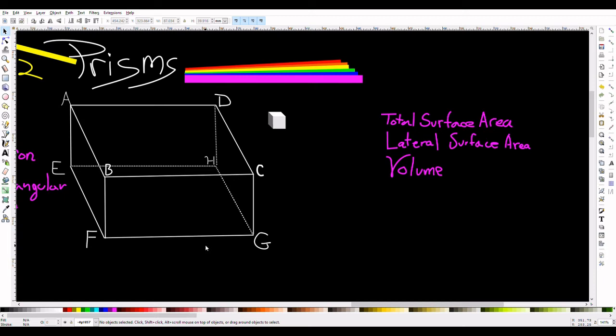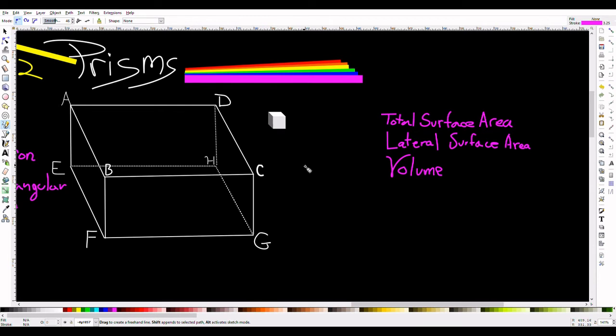In football, when you lateral the ball, you have to throw it to your side or behind you. So that can help you remember that lateral surface area is just the sides of your polyhedron or prism that you're working with. Frequently, you will not be asked to find the lateral surface area, but you should pay attention and make sure that the question specifies total surface area or lateral surface area.